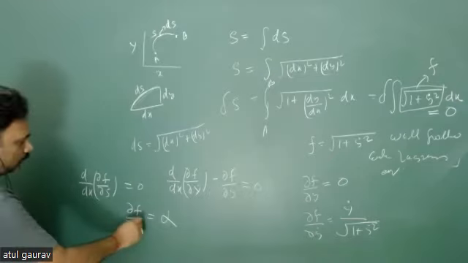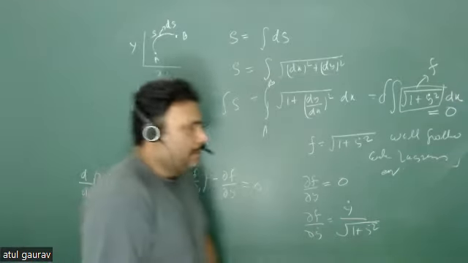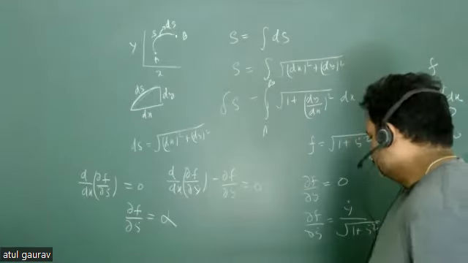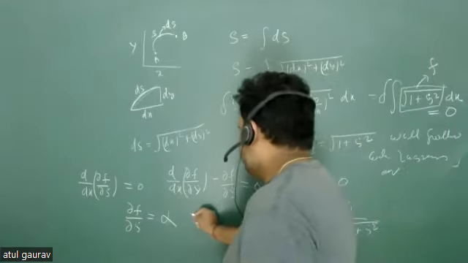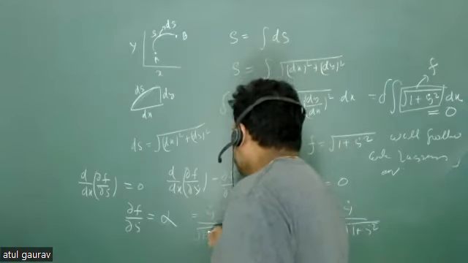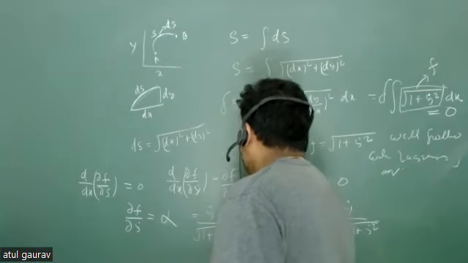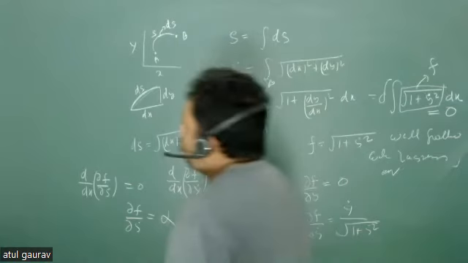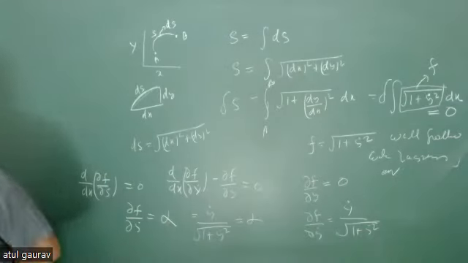Can we write that? Just check it. I am not doing any big calculation. So what will happen? y dot by root under 1 plus y dot square is equal to alpha. So I can square both sides and take y dot square common.